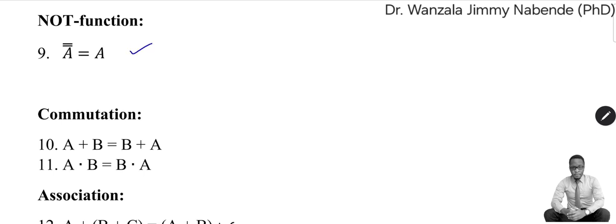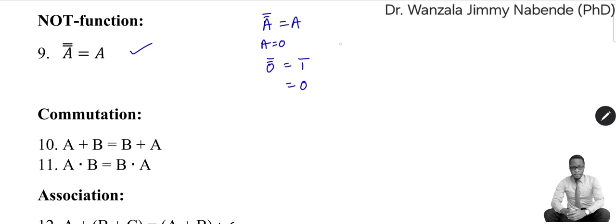Note function, A complement of the complement is equal to A. So if A is 0, then 0 complement is equal to 1, and its complement is the same as 0.